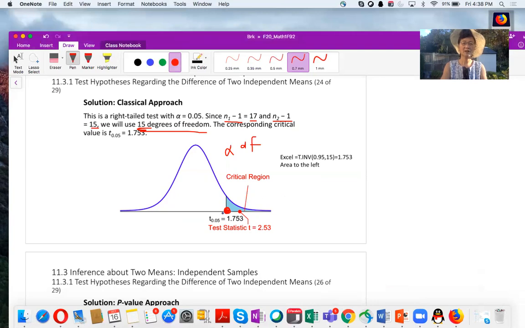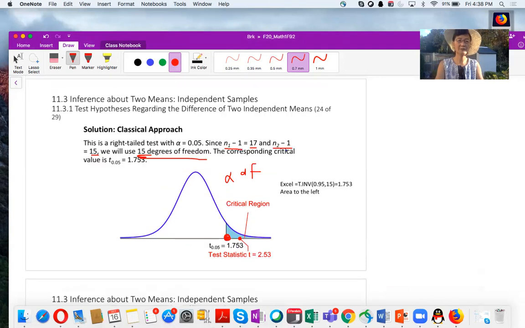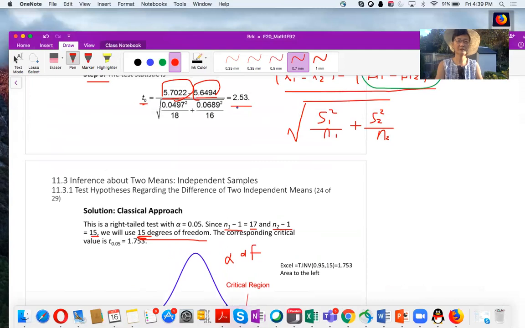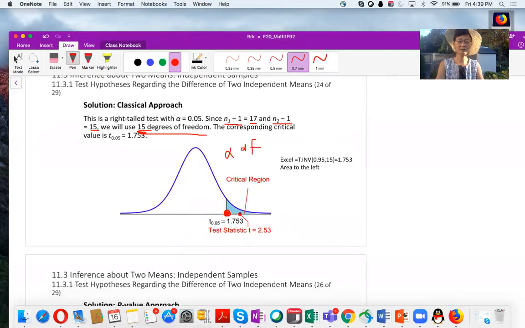Now, critical value 1.753, and the test statistic we get from step 3 is 2.53. So 2.53 is here. Obviously, the test statistic is in the rejection region. So you reject H0.